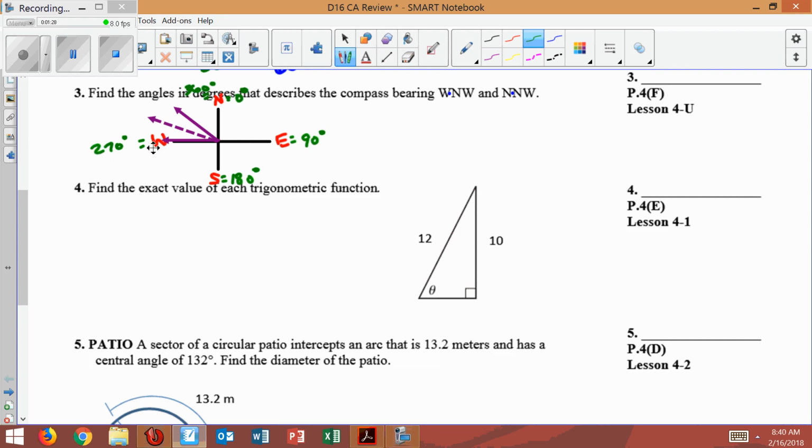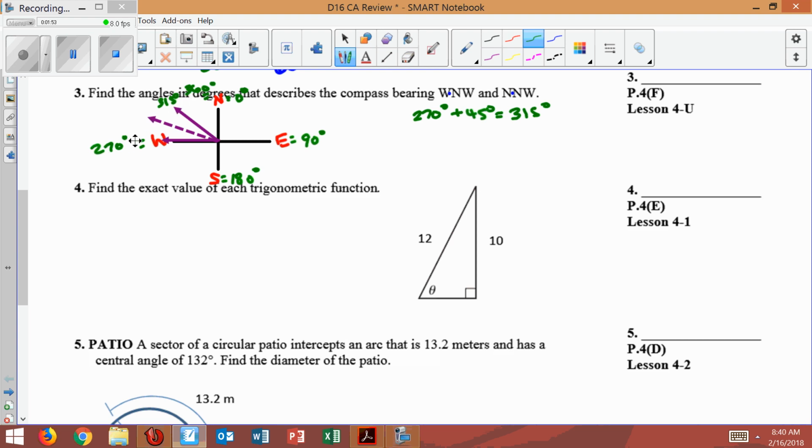So northwest is going to be between 270 and this amount. This amount is 45 greater because remember there's 90 degrees there. So 270 plus 45 is 315. Another way you could have got that is you average 360 and 270, and that's going to be 315.